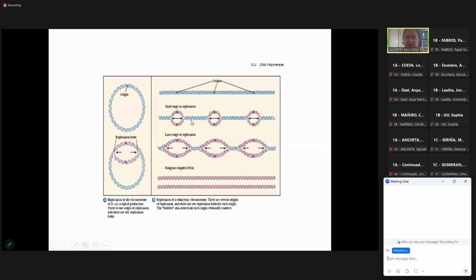Okay, bidirectional. So if this is the replicon, it goes that way, and this one goes this way, and this is the replicating fork of the first bubble, the replicating fork here and here. So it compensates for its slow replication by having several origins of replication forming the replicons.